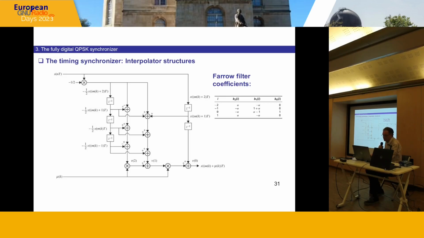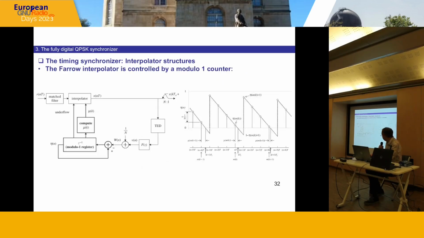And that's really, really efficient and can be implemented digitally. The last tricky thing is to add a modulo 1 counter to, in fact, determine the base point indexes and also this computation of this mu of k that can trigger the Farrow filter.